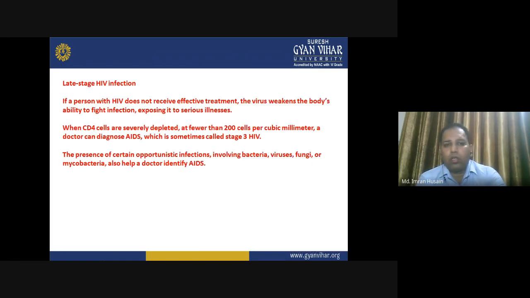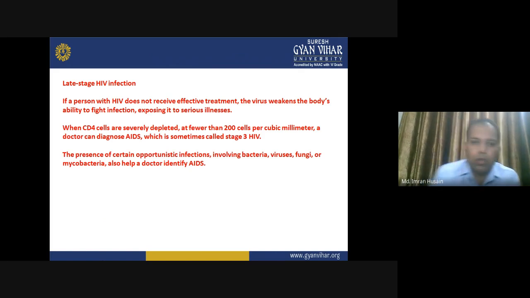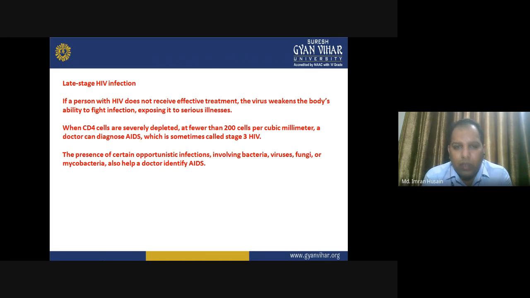So, what are late stage HIV infections? If a person with HIV does not receive effective treatment, if the person is really careless and not at all worried about the current scenario and procedures, then the condition can get critical. The virus weakens the body's ability to fight infection, exposing it to serious illness.